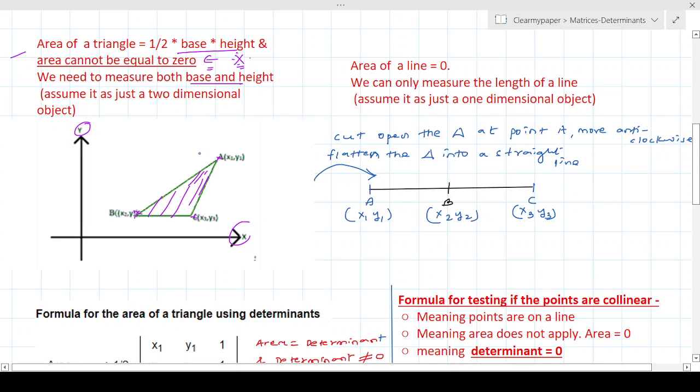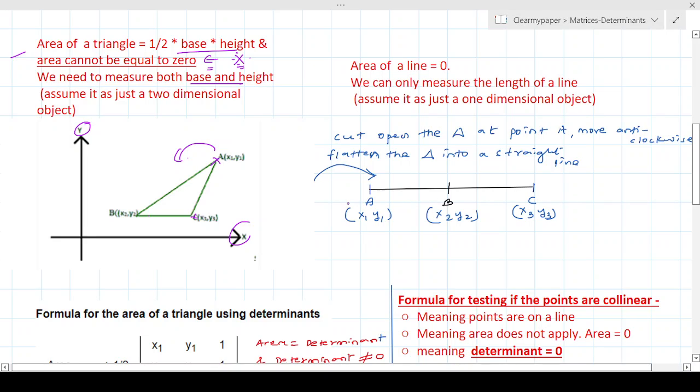We know that, right? And if you apply some geometric intuition here, let's say this whole triangle that we have, let me erase it over here. Let's say I'm going to flatten it out. I don't want this to be a triangle. I'm going to just move it down to a straight line. Let's say I'm going to cut it open from here and move it anti-clockwise.